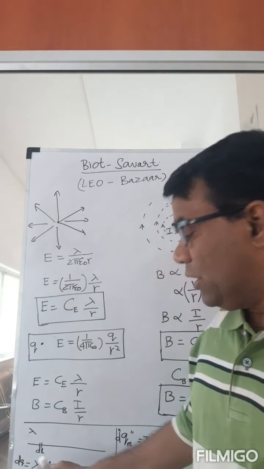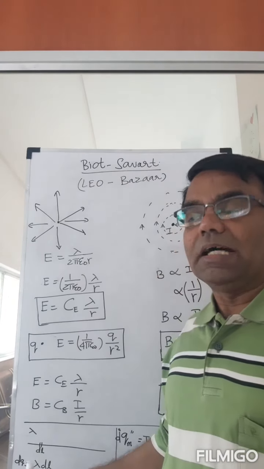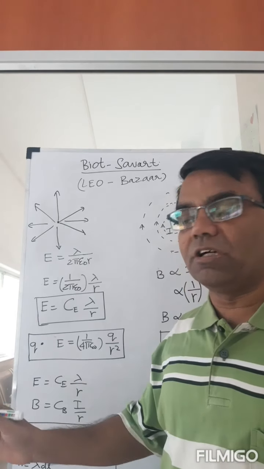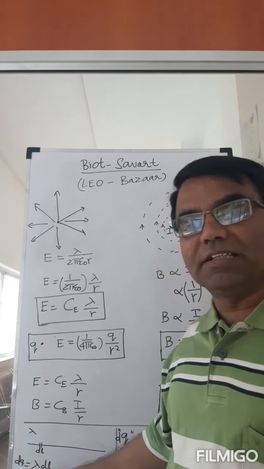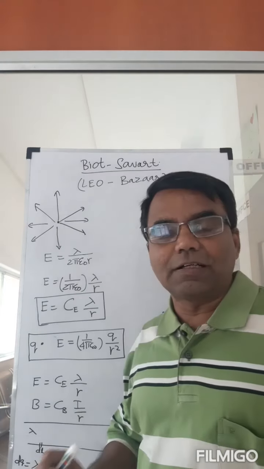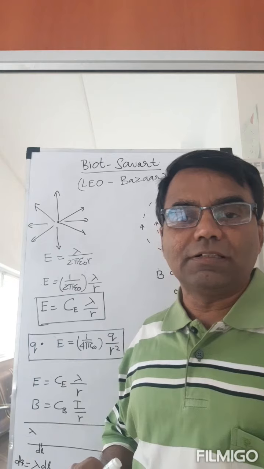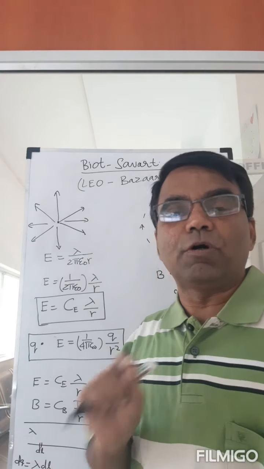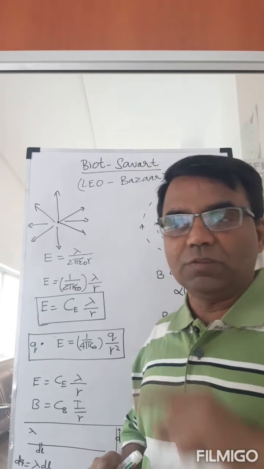This is true because you have electric monopoles. You have positive and negative charges separately in the case of electricity. But in magnetism, so far we have not come across a monopole. A monopole is a single pole. So what does it mean?